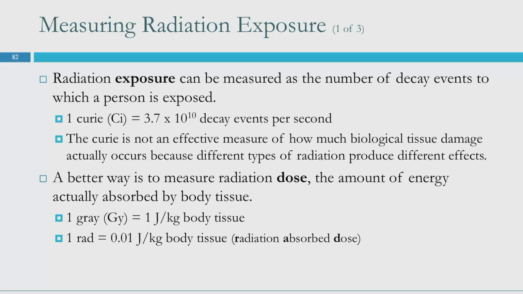The way that we measure radiation exposure, there's, I think, 3 different classes of units for radiation exposure. So we can measure it as the number of decay events. So a Curie measures the number of decay events per second.